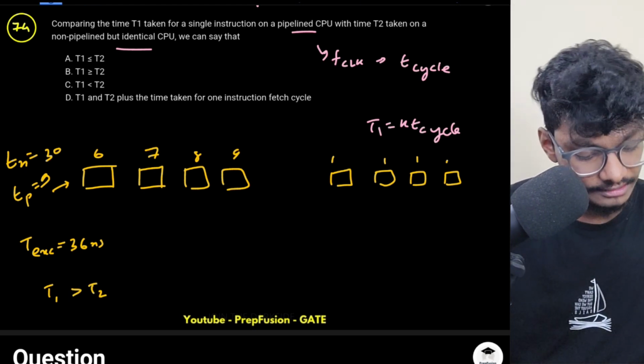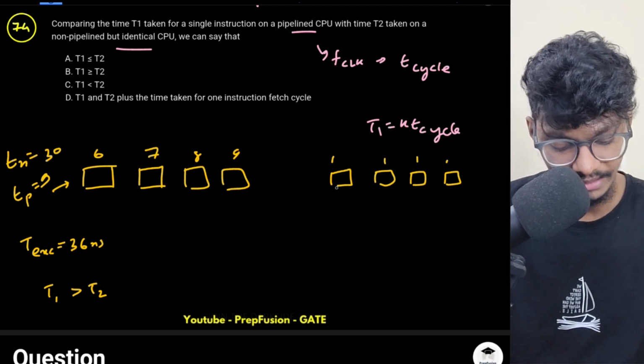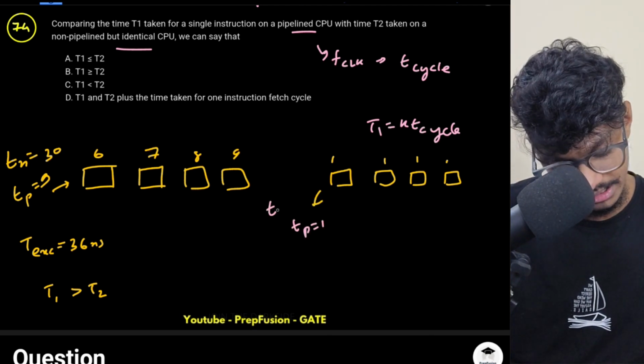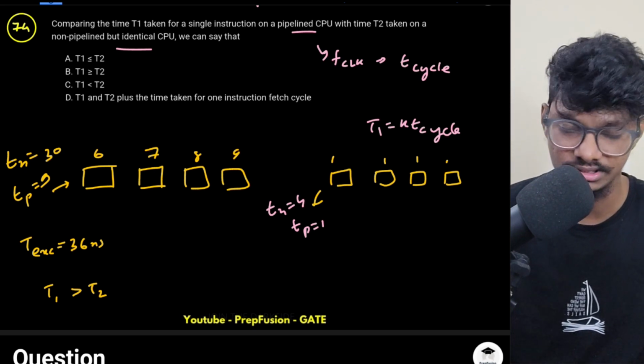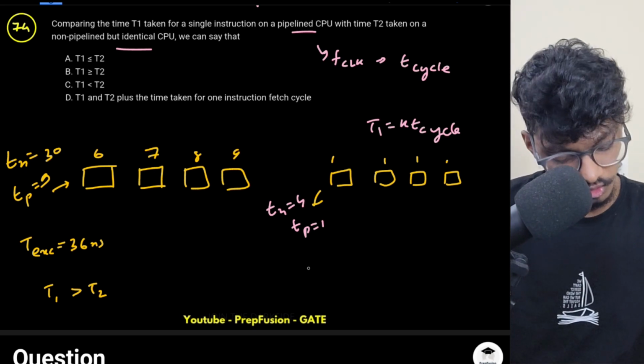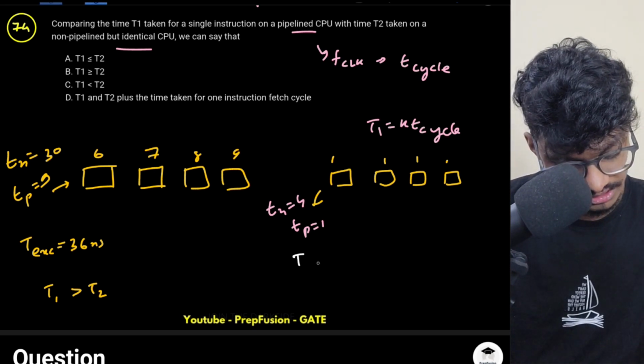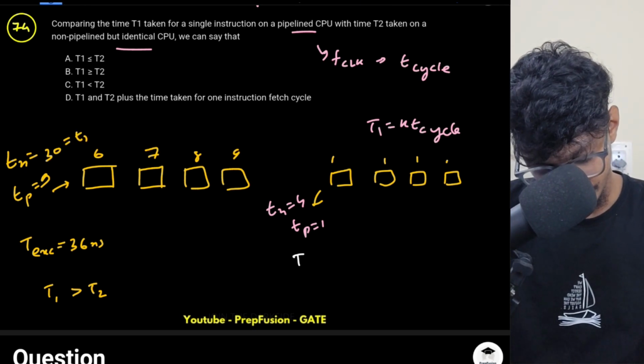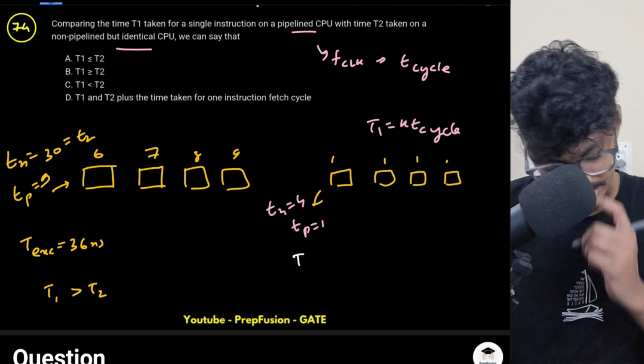And here, if it is a balanced system, what will be my TP? TP will be 1. TN will be what? It will be the sum of all the stage delays, that is 4 nanoseconds. What will be my T execution of the pipeline system? This is my T2, right? TN is simply my T2 because I am only executing a single instruction.